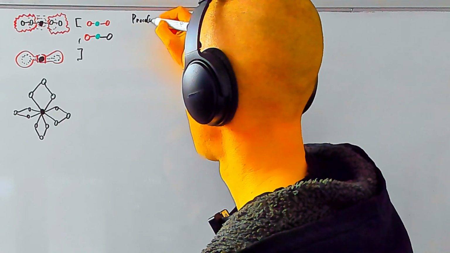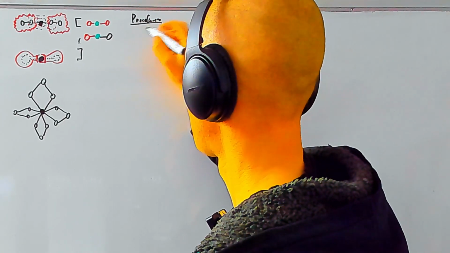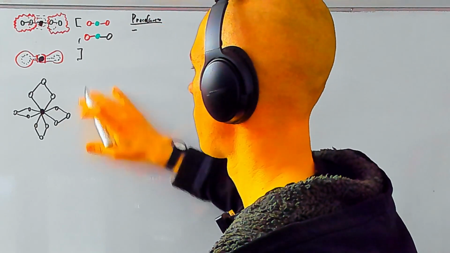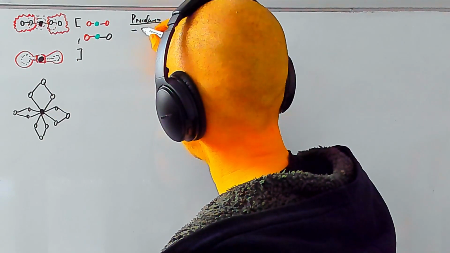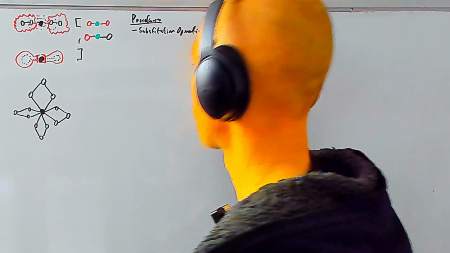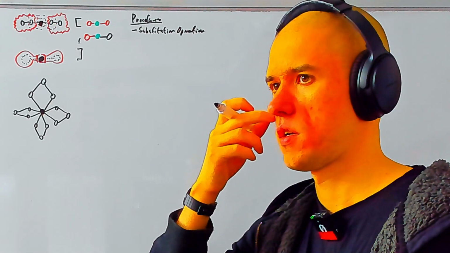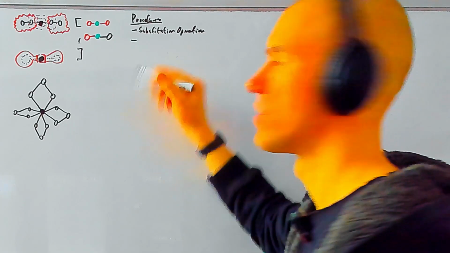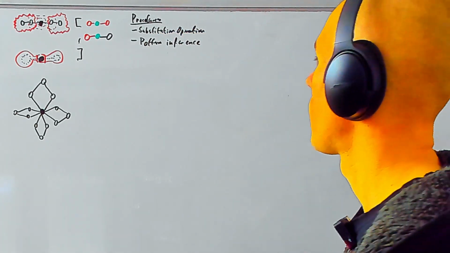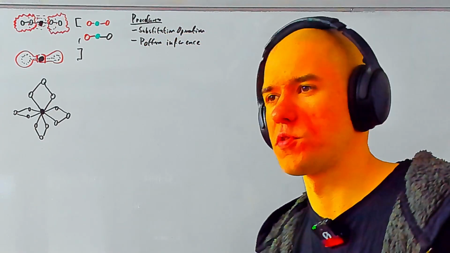Okay, maybe I can now give my comment. What I would say is this is nice. Let me write this down. We have the substitution operation, well, actually I guess we have only 2. And then we have the pattern inference, which is used by the substitution operation.